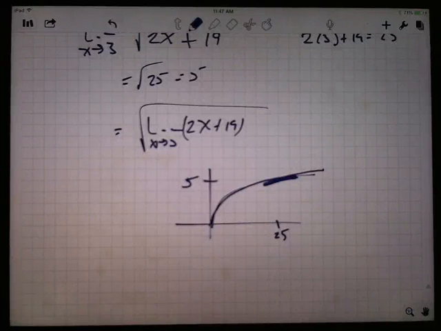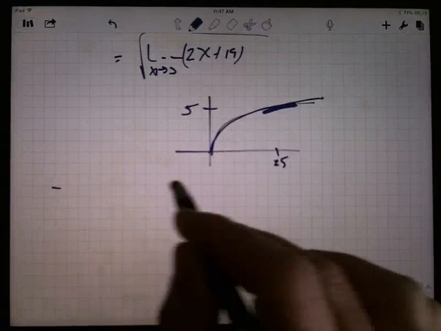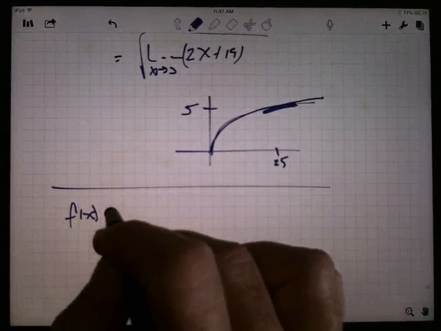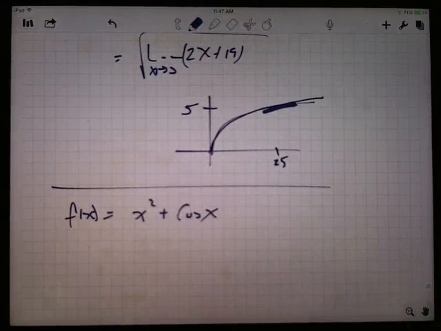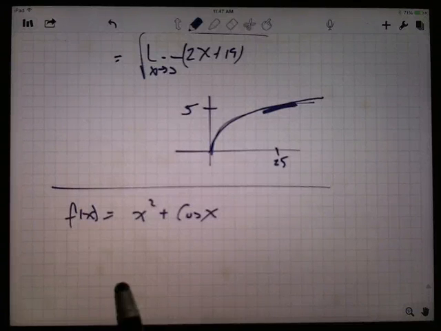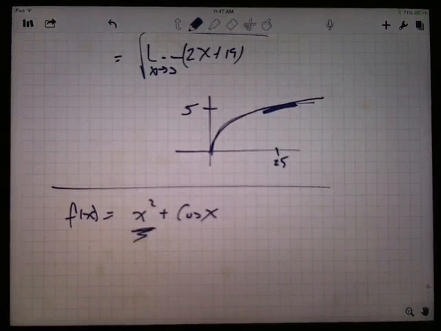There are a lot of functions that are combinations of other functions. If you've got a function that looks like x squared plus cosine x, is that continuous at all of the points in its domain? Well, x squared is a polynomial. We already stated in the previous video that polynomials are continuous.